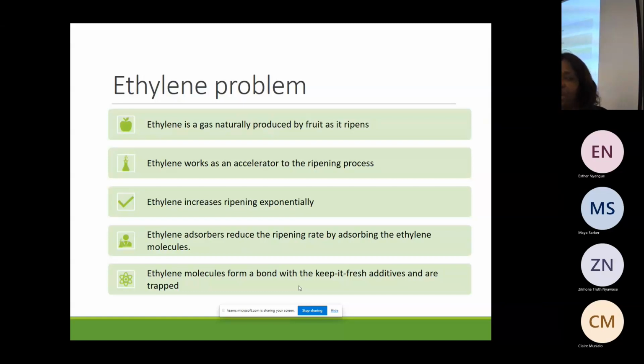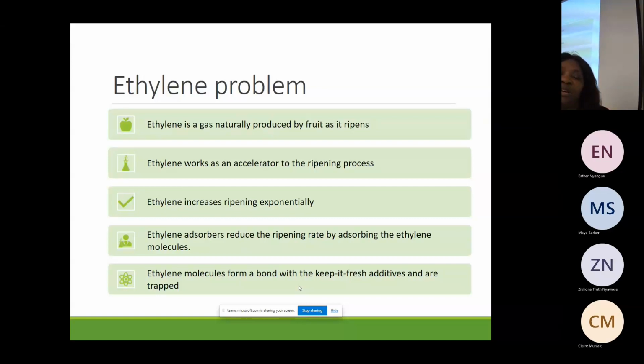That's why some fruits, if you leave them just outside, after some time have ripened, because they've absorbed ethylene from the outside. Banana is a very high producer of ethylene, and that's why it has a very short shelf life.